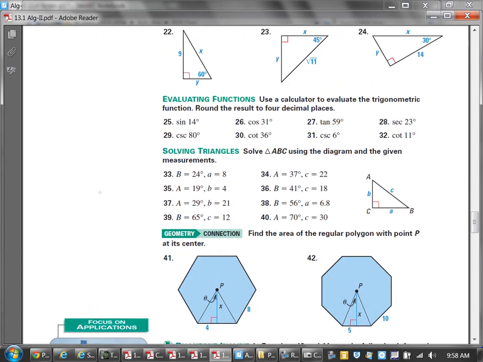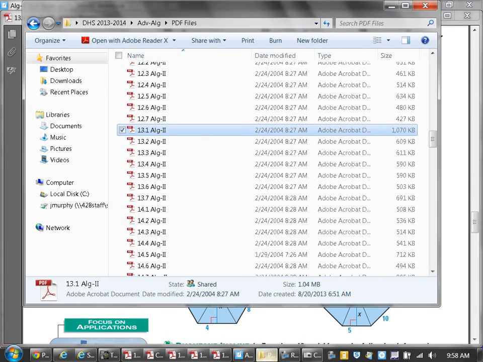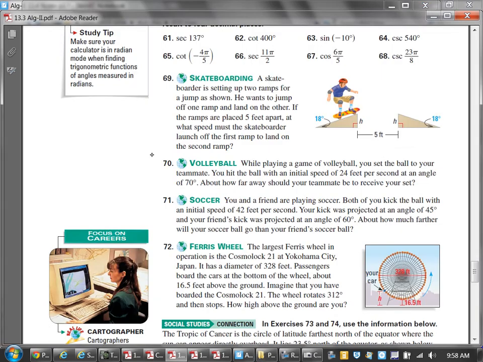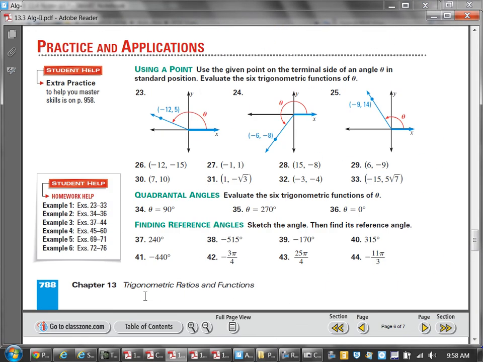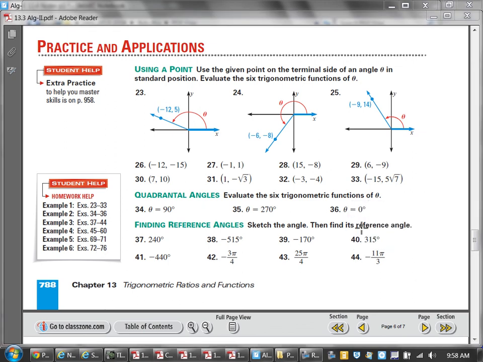We had some problems with it. Ah, there it is. In 13.3, remember how you were given a set of ordered pairs, and then you had to evaluate the 6 trig functions given the ordered pair? If I look at this one and I want to start at -12 and -15, and I want to write out the 6 trig functions given that set of ordered pairs.